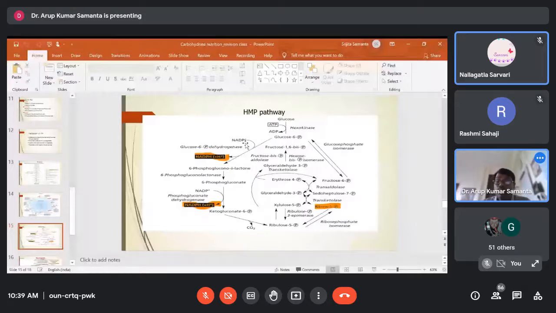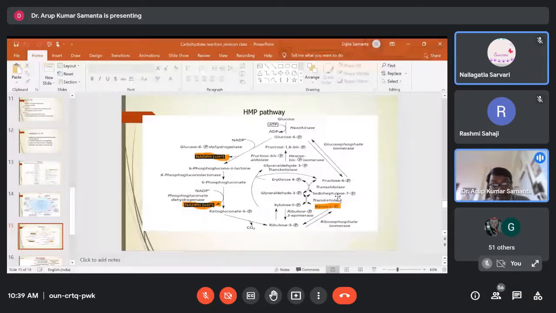What are they? One is ribose, another one is NADPH. What is this ribose required for? Ribose is a monosaccharide having 5 carbon atom units. So this ribose is required for the synthesis of DNA and RNA. So this ribose is produced over here.